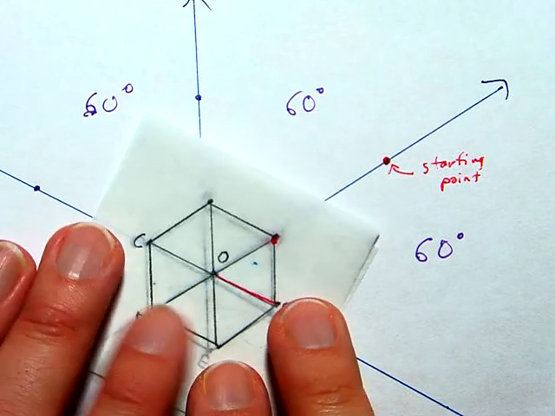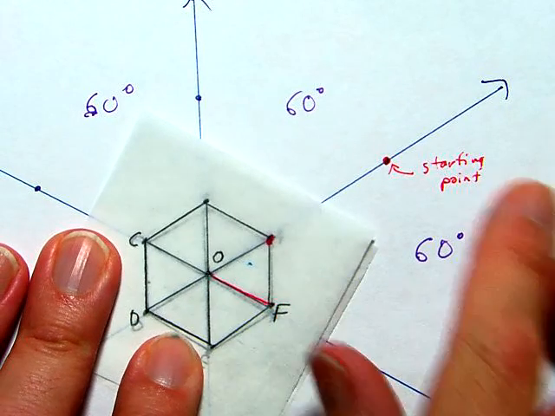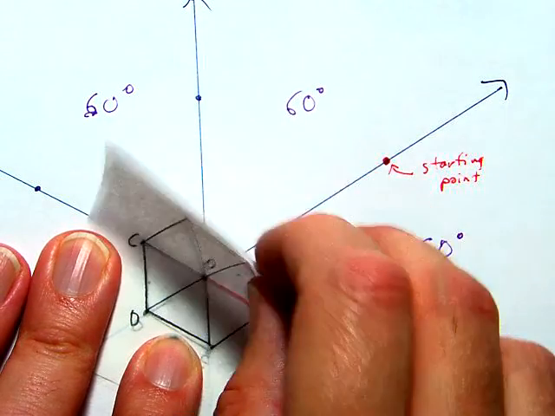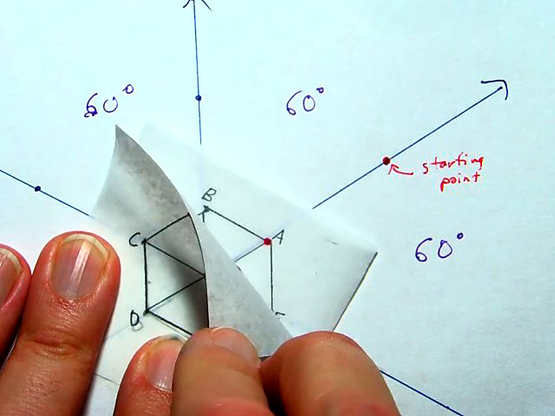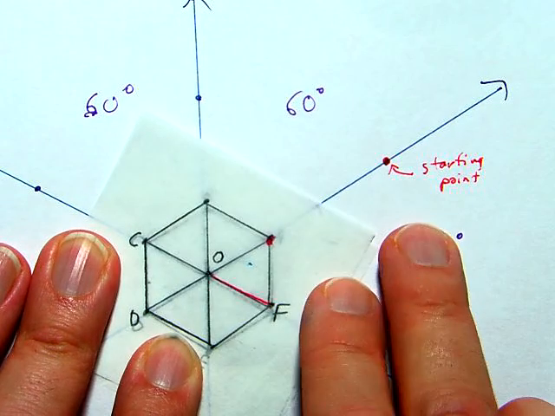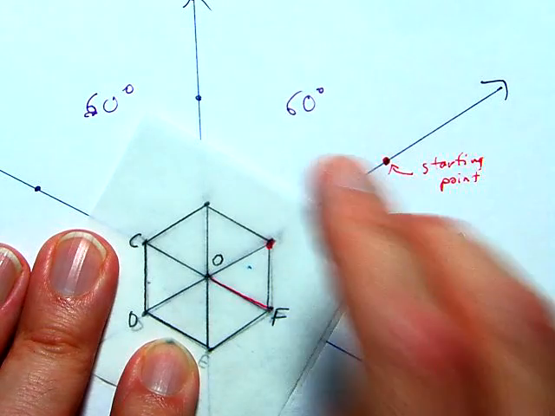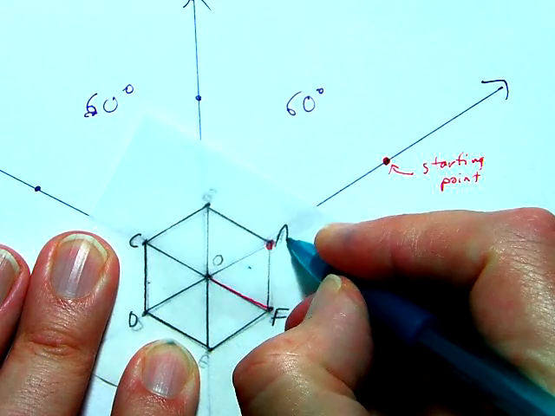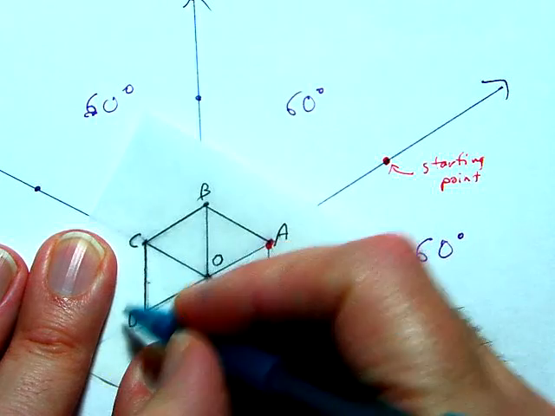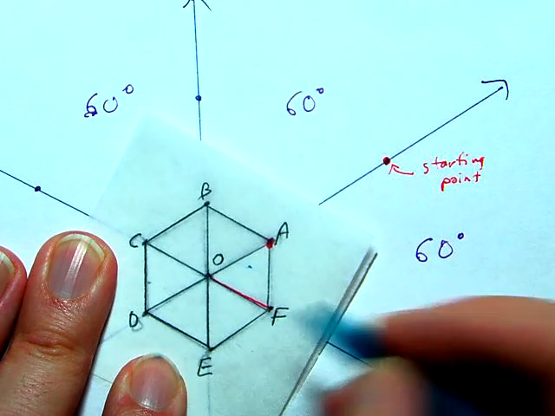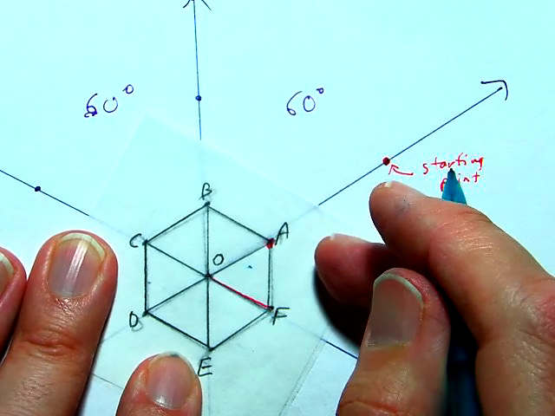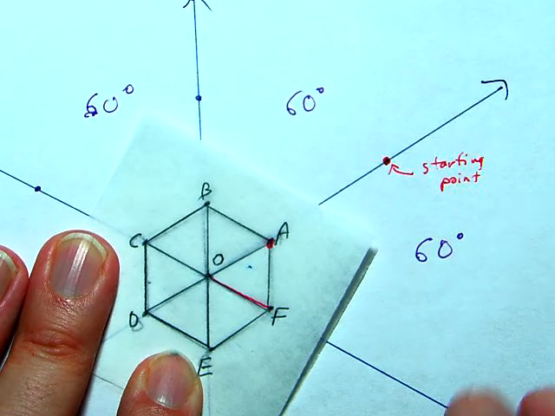We've got our red dot here, which is our starting dot, lining up with the starting dot underneath it. Okay, so we're starting from that point. This is A, this is B, C, D, this is E. And we need to rotate negative 240 degrees, and we're interested in FOA.